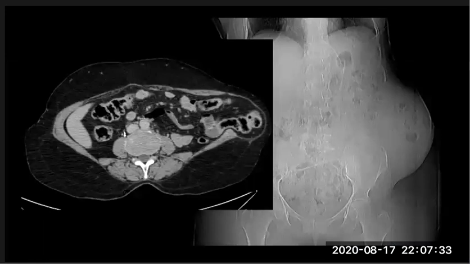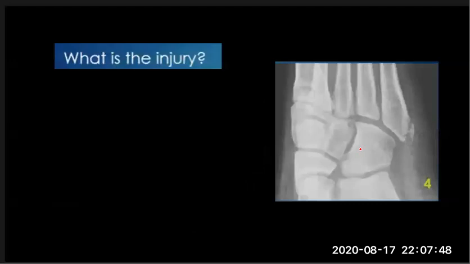Okay, we can move to the second case. Here, what is the type of injury? I think avulsion, maybe avulsion fracture.